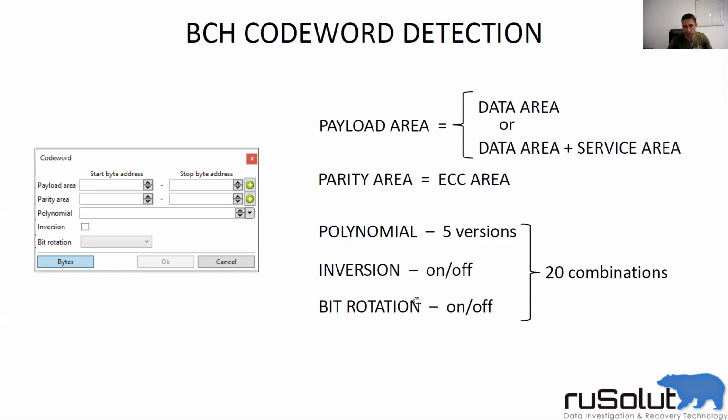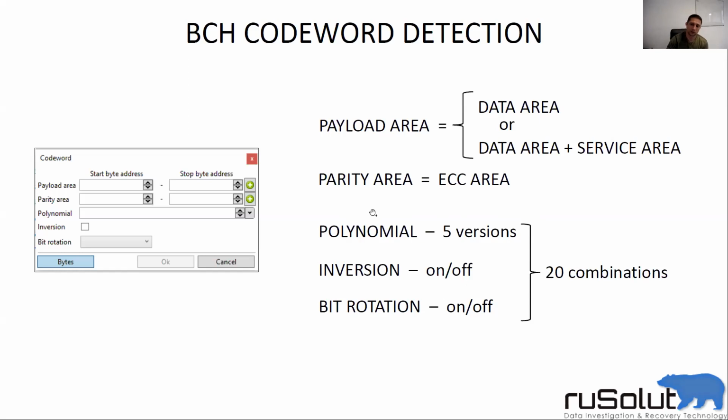And basically here, since we have 5 versions of polynomial and on-off options for inversion and bit rotation, in total we have 20 combinations to try to detect correct code word, in case if it's quite a standard code word.